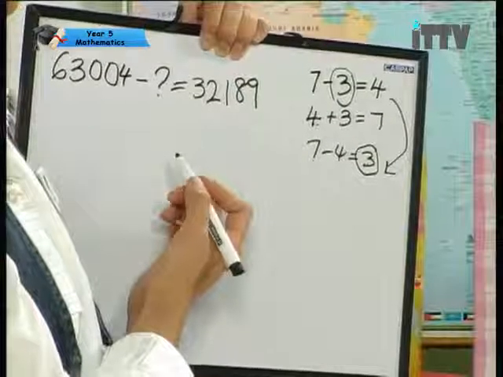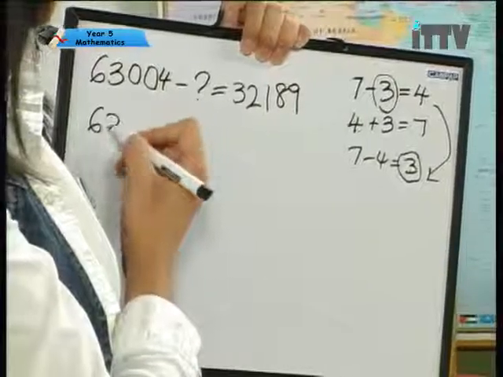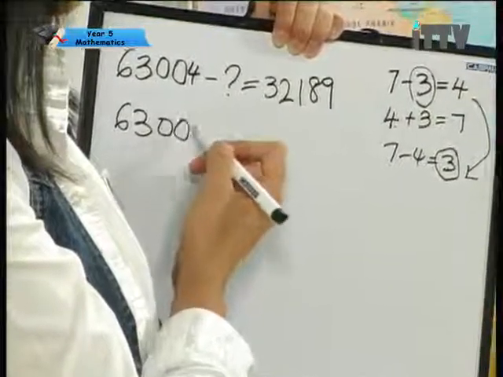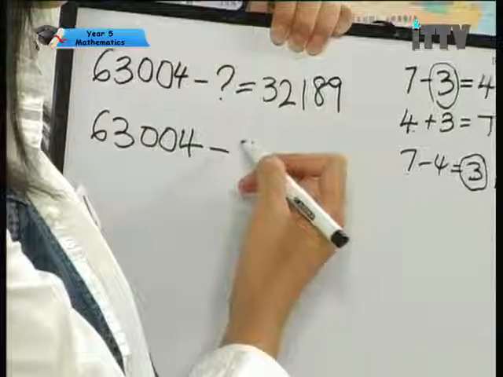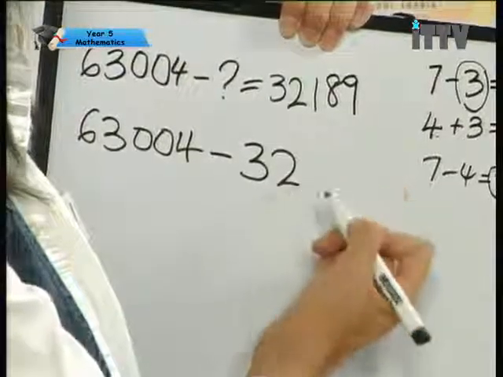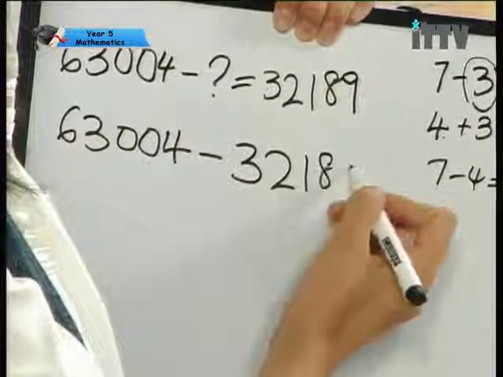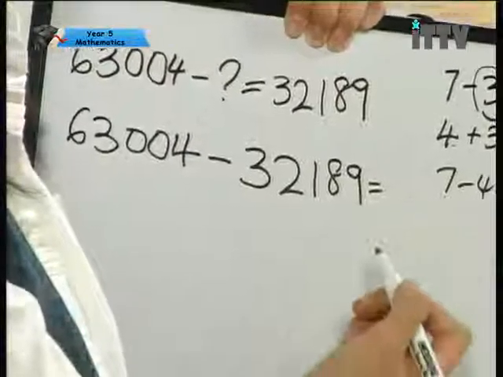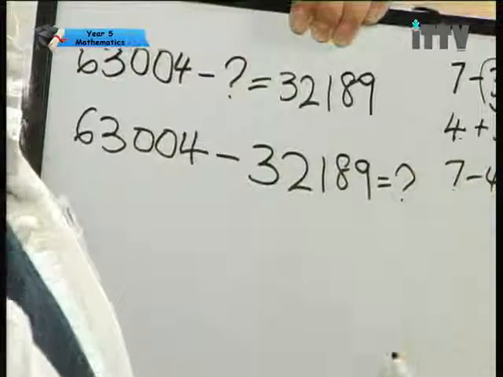So let's try over here. 63,004 minus 32,189. It should give us the blank.